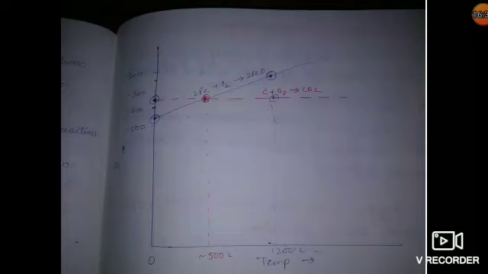At temperature 0, for iron plus oxygen forming iron oxide, the value is around minus 450, and for carbon plus oxygen to carbon dioxide, the value will be around minus 350, more than 300 and less than 400.